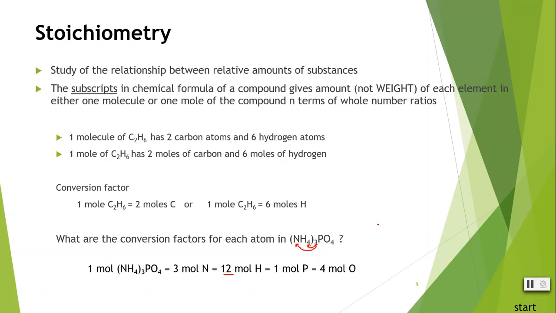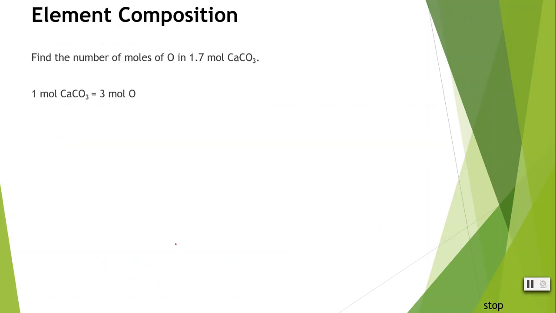So from those subscripts in the balanced chemical formula, where we can relate moles of atom to moles of the entire compound, we can use those conversion factors to do more stoichiometry. So if I gave you this amount, 1.7 moles of calcium carbonate, and asked for the number of moles of oxygen, you would look at this and say, oh, the relationship between moles of the entire compound and moles of oxygen is a 1-to-3 relationship, which I get from the subscripts in the balanced chemical formula.